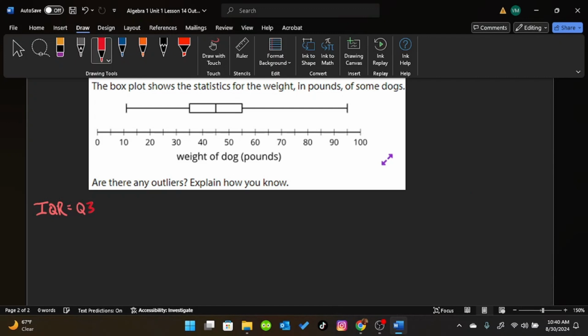This is Q3 minus Q1. We can see that Q3 is right here at 55. And we can see that Q1 is on the left at 35. 55 minus 35 is 20.